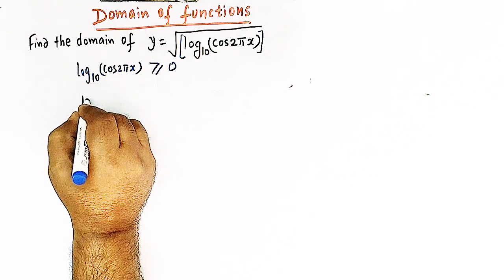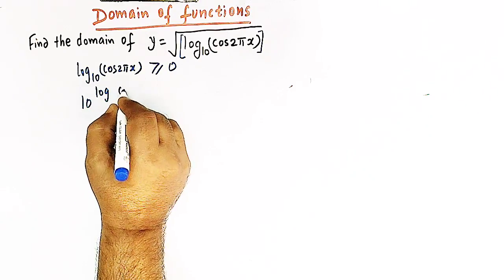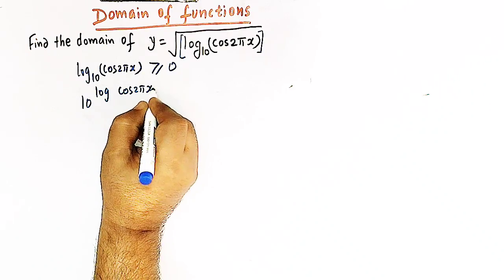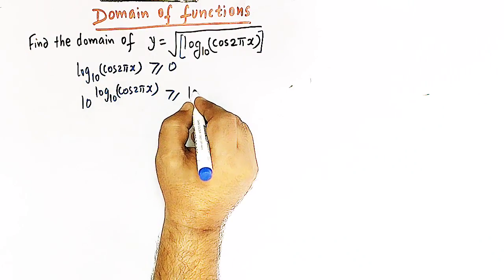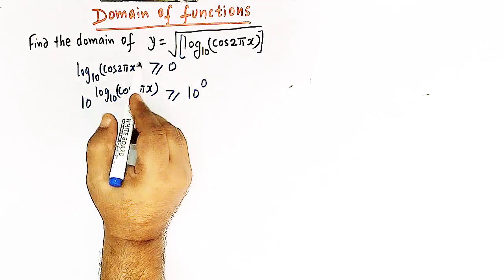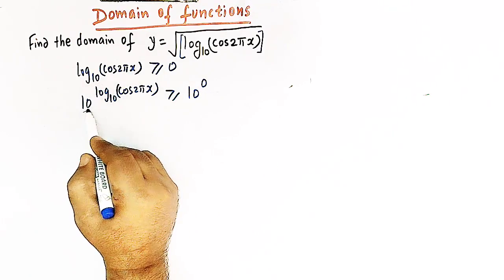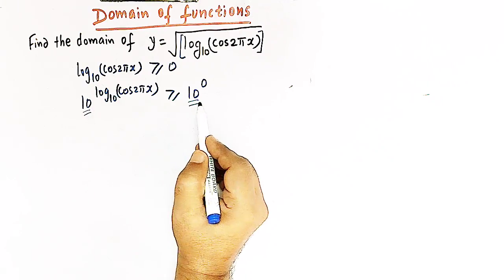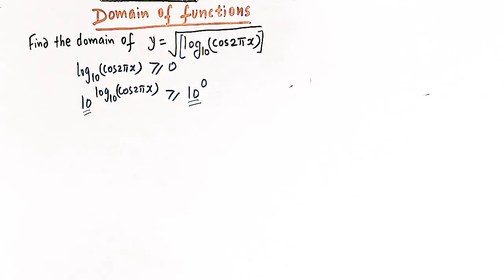So here I will write 10 raised to logarithm of cosine 2 pi x to the base 10, and here we have 10 raised to 0. So raising both these numbers to the power of 10, right? And we see that this base 10 is greater than 1.